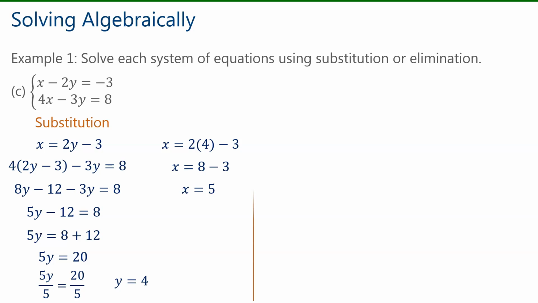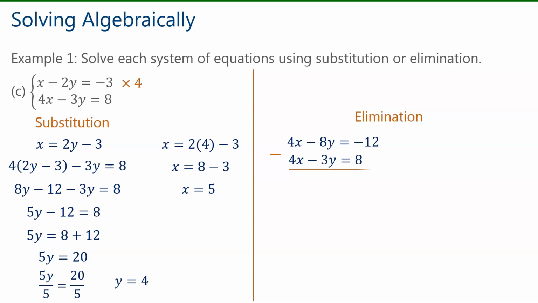Now let's just say that somebody else chose to do elimination. They noticed that everything was lined up, and then they could easily eliminate x by multiplying the first equation by 4. So what would that look like? Well, we would now have 4x minus 8y equals negative 12. Then I'll write the second equation directly underneath, and then subtract the two equations to eliminate x.